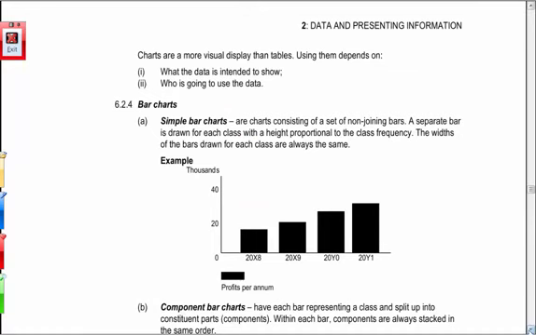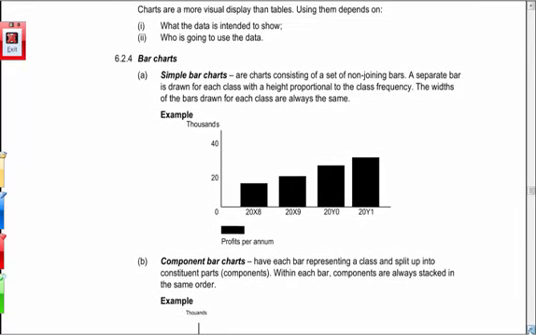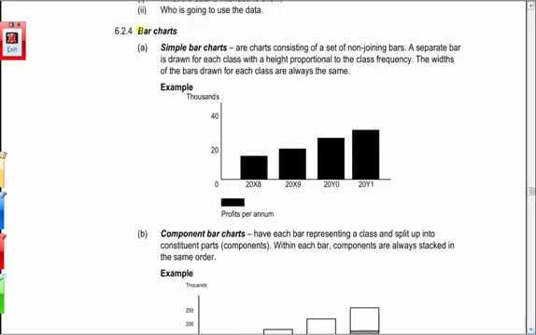There are different types then of charts that we can use. These are much more visual than tables. The type of use then will depend on what it wants to show, how accurate it is, and also who is going to use the data. So we might see something like a bar chart then, which is just going to show a separate bar for each class within the population, and the height will be proportional to the amount of times which it occurred.